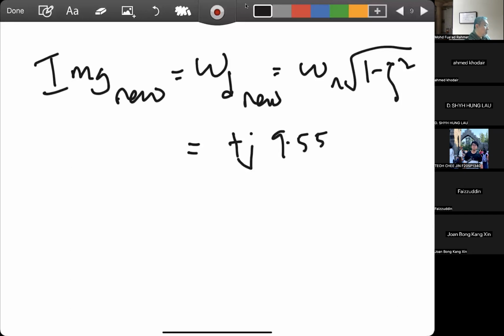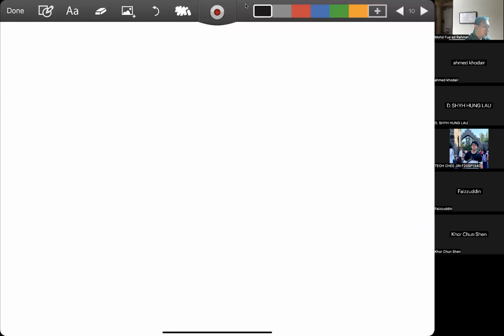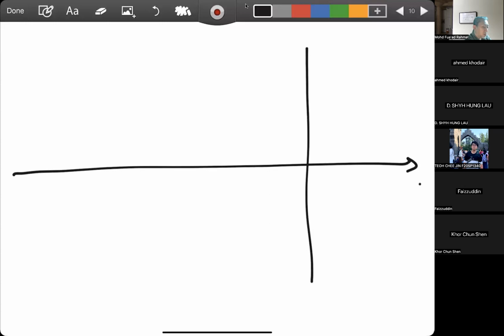Okay, 9.55, which is from the graph as well. So therefore, we draw the positions of the poles and zeros.